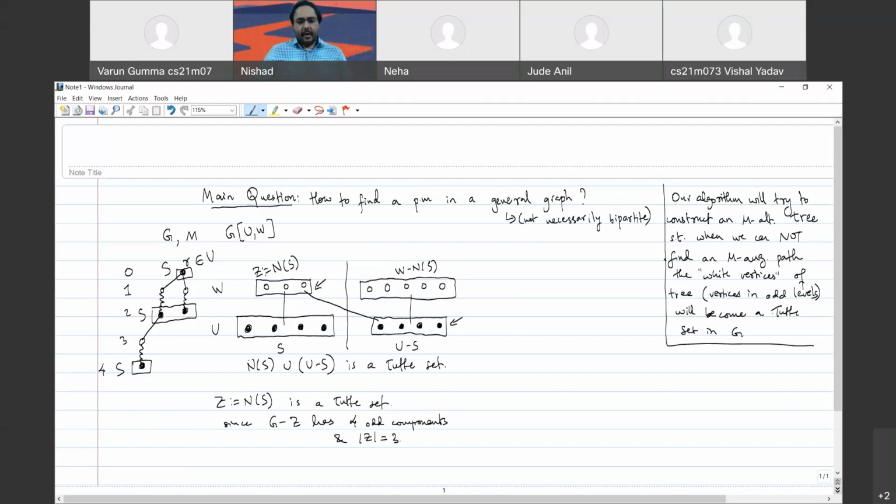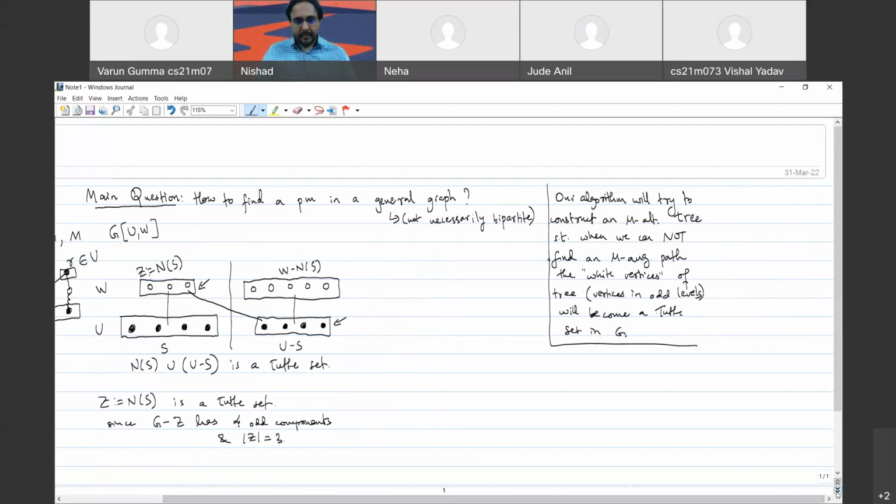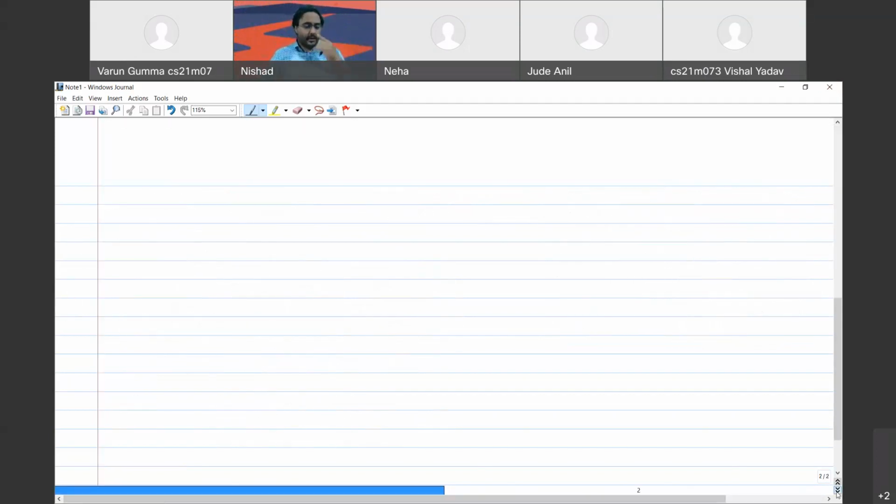All right. If not, I want to now go to some examples. All right. So we are starting a new page, and let me draw one example of a non-bipartite graph.